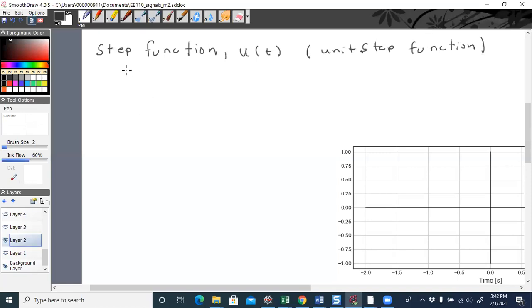All right. And it equals 0 when t is less than 0. And it equals 1 when t is greater than or equal to 0. Okay.